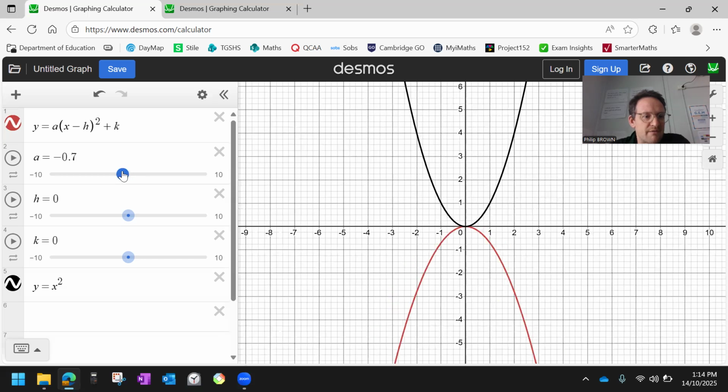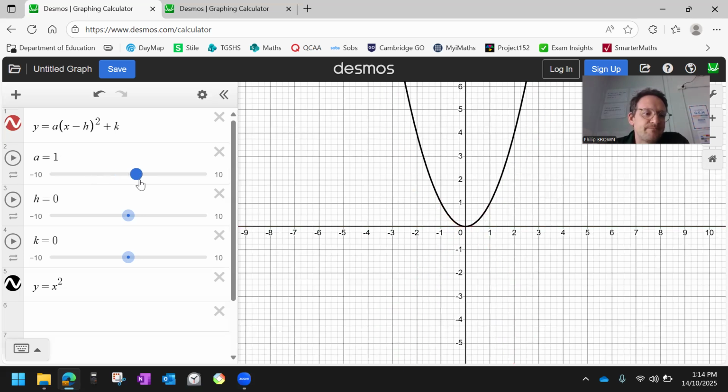Then we have a vertical dilation of scale factor, let's say, -2. So that basically just means we've taken what the y coordinate is, we've reflected it in the x-axis down to here, and then we've dilated it by a scale factor of 2 from there. So it ends up down here. Okay, so that is the vertical dilation.